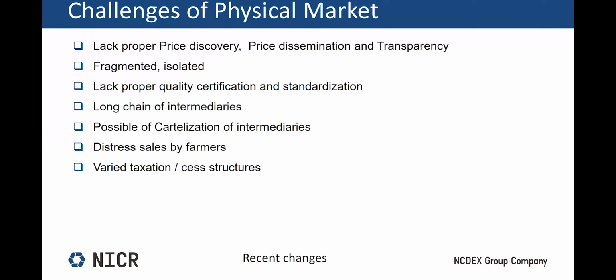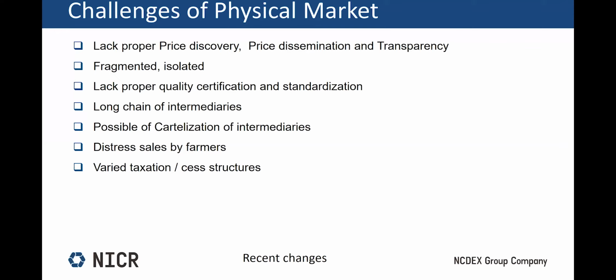We have approximately, including the sub yards, almost 7,000 market yards, which is still low, approximately 75 square kilometers to one market, which is significantly high in terms of the distance to be traveled by small and marginal farmers. Most of the markets do not have a proper certification system, proper standardized weighing and weighing balances. So there are a lot of challenges in standardization.